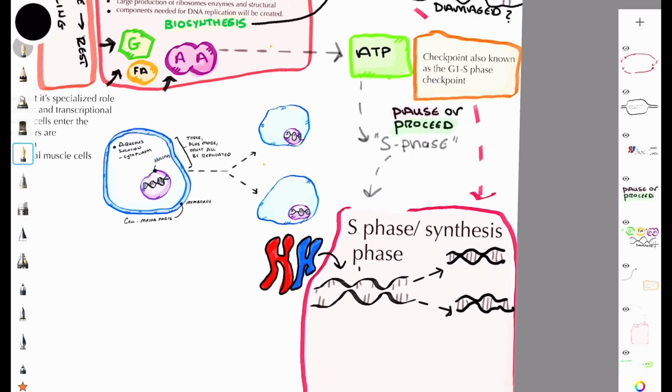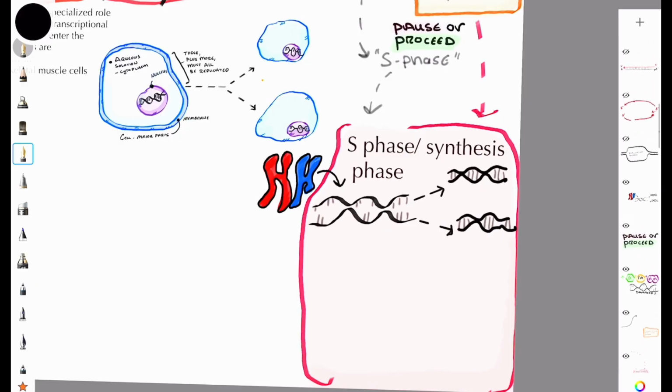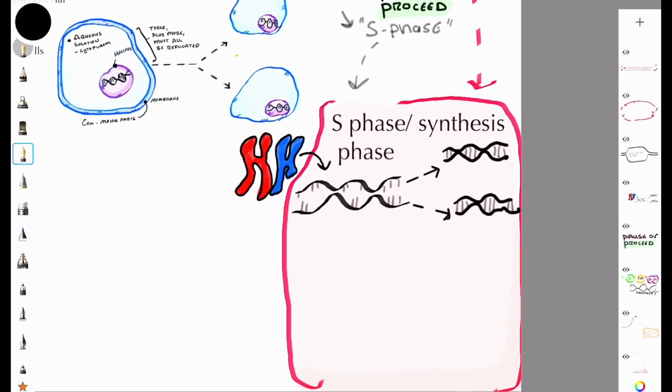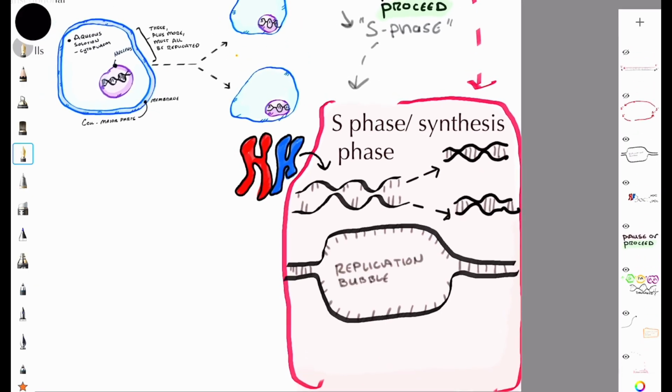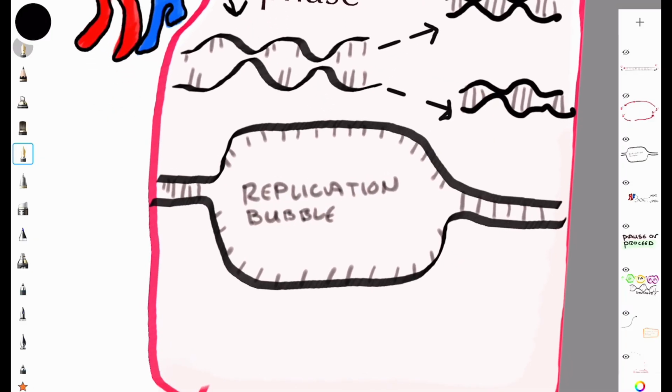So this DNA replication process, because this is not a molecular class, I just want you to kind of understand some of the basics. The DNA will open like a zipper, and then we will start to read with DNA polymerases. You don't need to know what that is right now. But these nucleotides here, we will make another strand of DNA here, right?